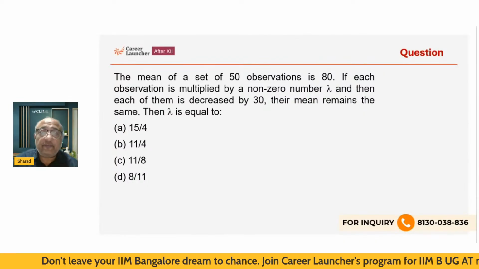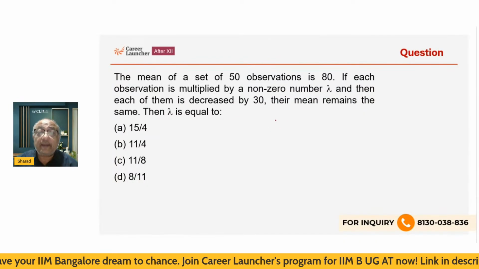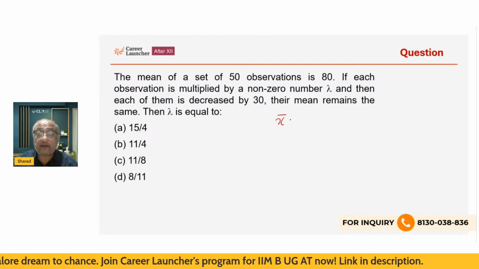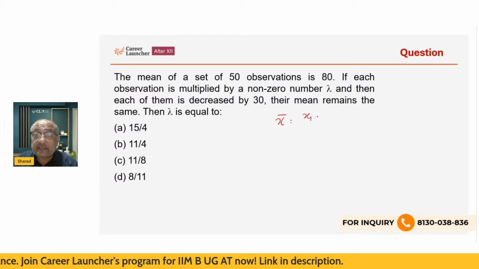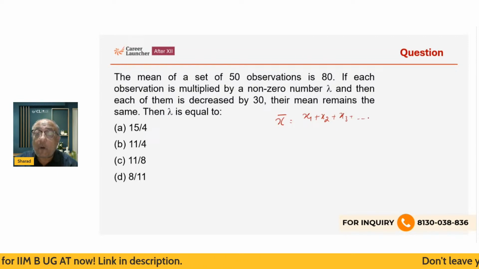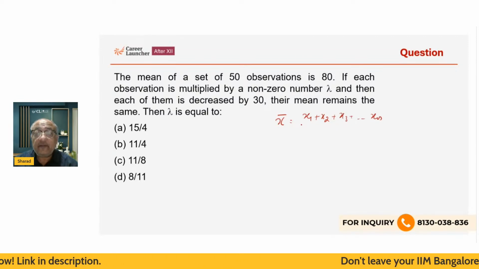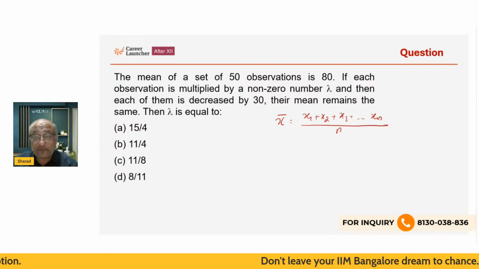Mean of a set of 50 observations is 50. So what is mean? X bar. Mean is nothing but x1 plus x2 plus x3, all the sums divided by the number of observations.